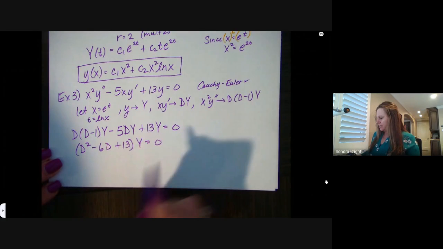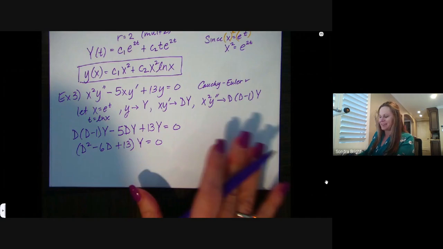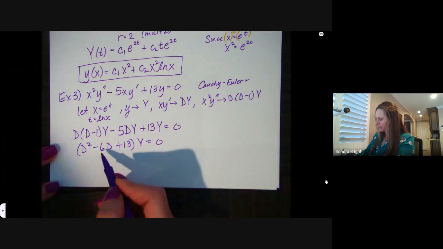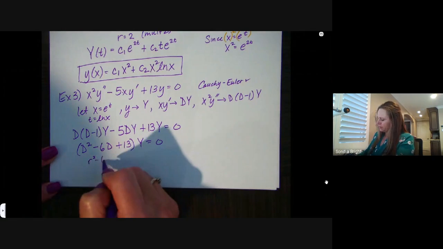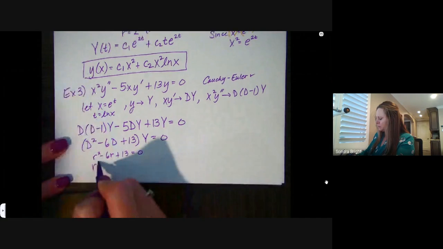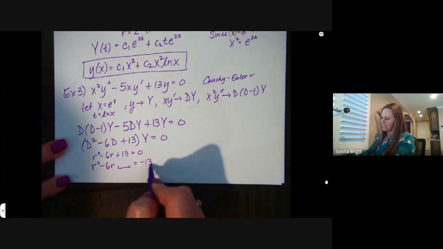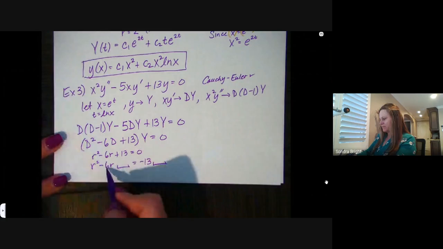All right, so I'm solving this auxiliary equation now. Two numbers that multiply to 13 and add to negative 6, not going to happen. So that means I need to solve this by completing the square. So r squared minus 6r, leave a little space, subtract the 13. Cutting negative 6 in half will give me negative 3. When I square that, that would give me 9.